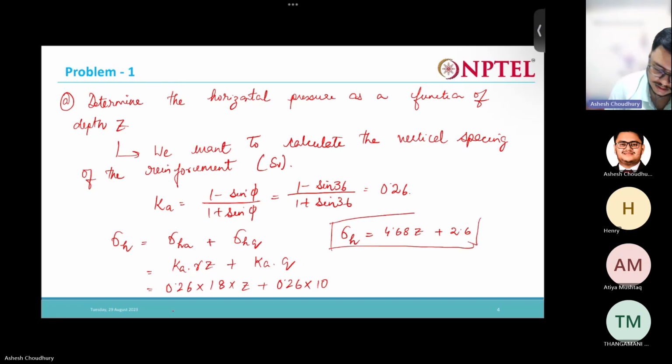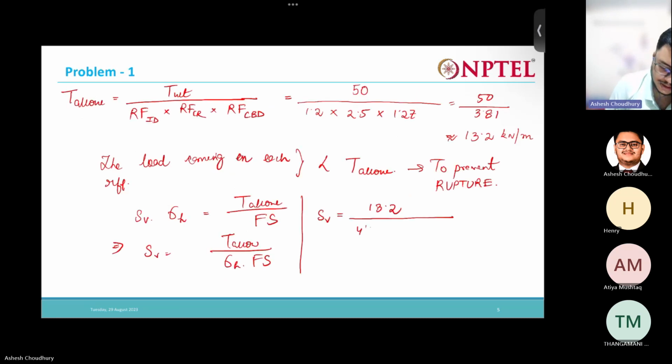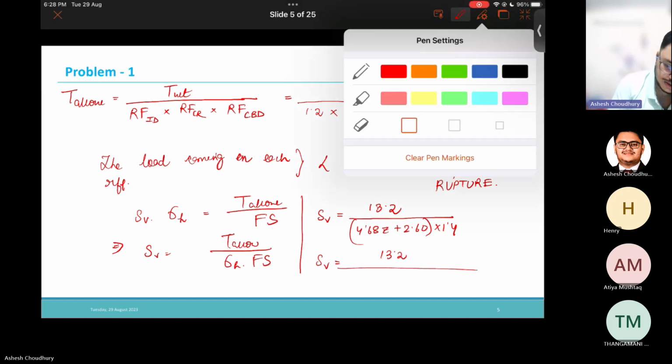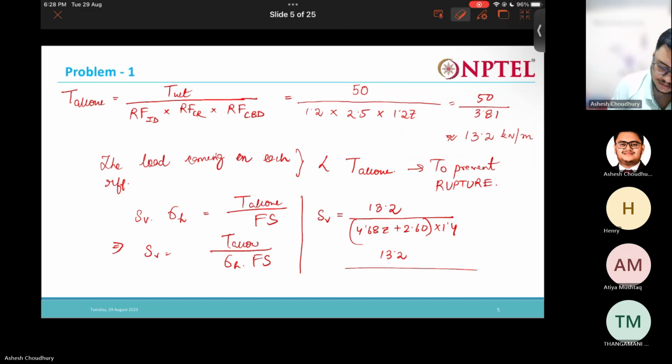This is the expression for sigma H, right? 4.68 Z plus 2.6, times 1.4. So this is the Sv.